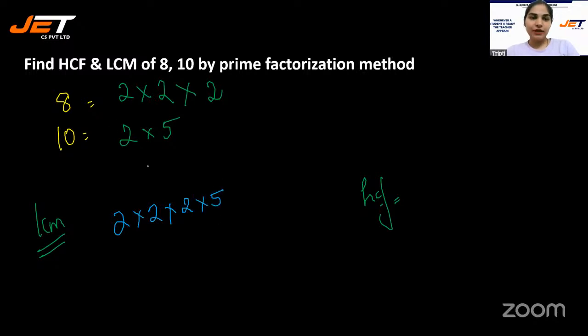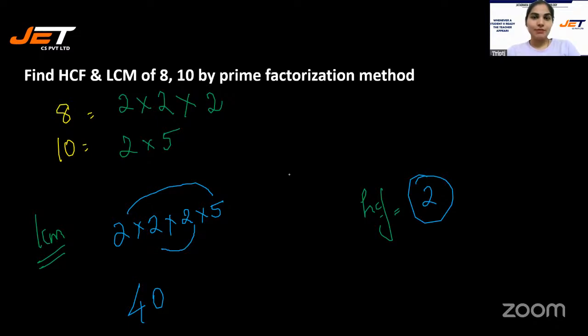HCF, you just have to make a pair, and I can make a pair of 2 only. So 2 times 5 is 10, 2 times 2 is 4, 10 times 4 is 40. LCM of 8 and 10 is 40, and HCF is 2. HCF is 2, highest common factor.